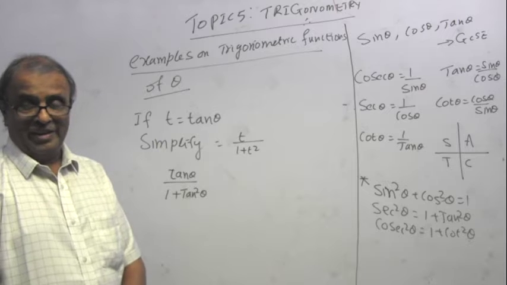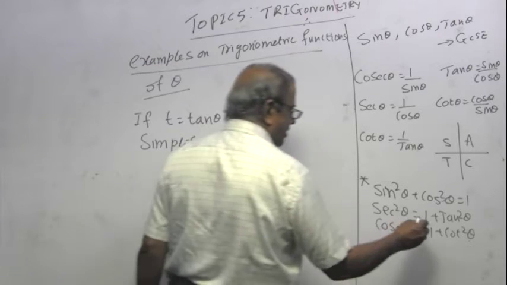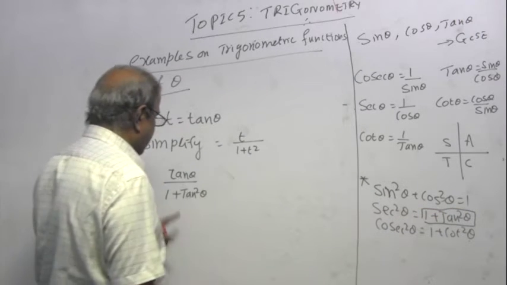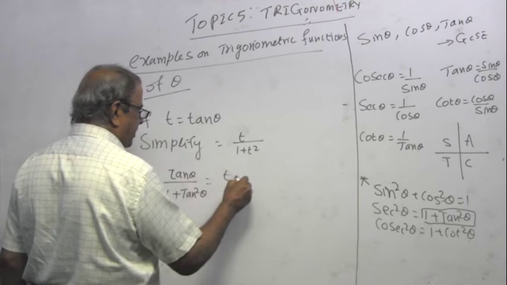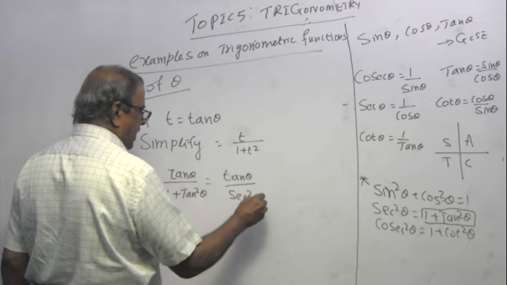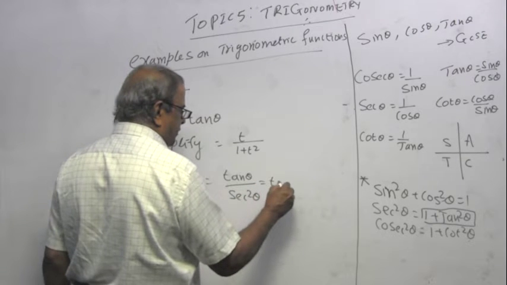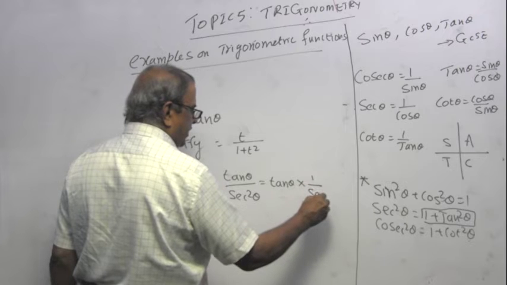So far it's easy. You don't get a mark for doing that. But look at the identity. 1 plus tan square theta can be written as sec squared theta. So can I write it as tan theta over sec square theta, which is basically tan theta times 1 over sec square theta.